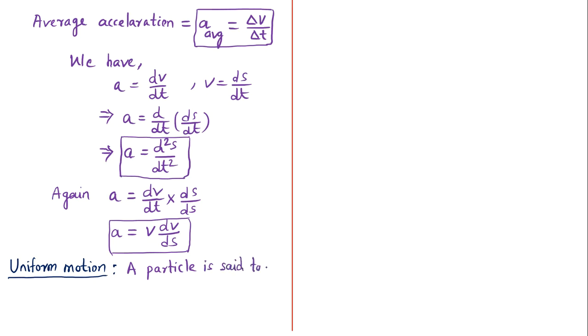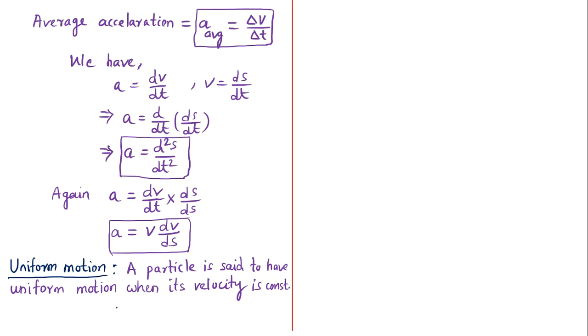A particle is said to have uniform motion when its acceleration is 0, when it is moving with constant velocity. Okay, velocity is constant.